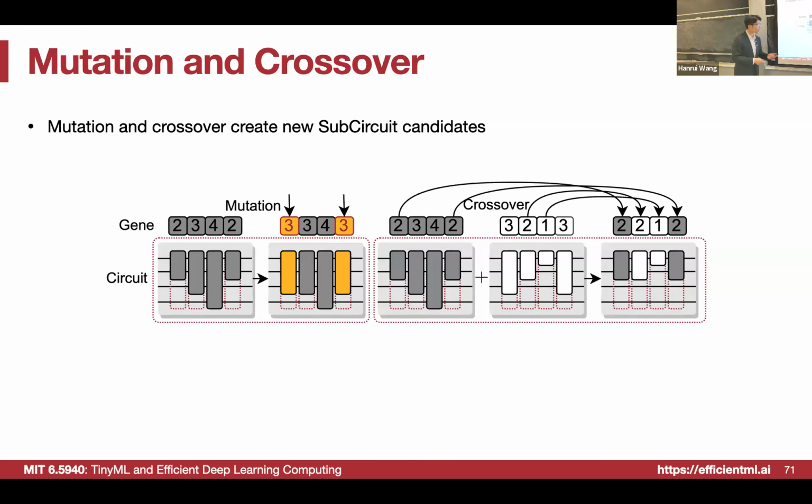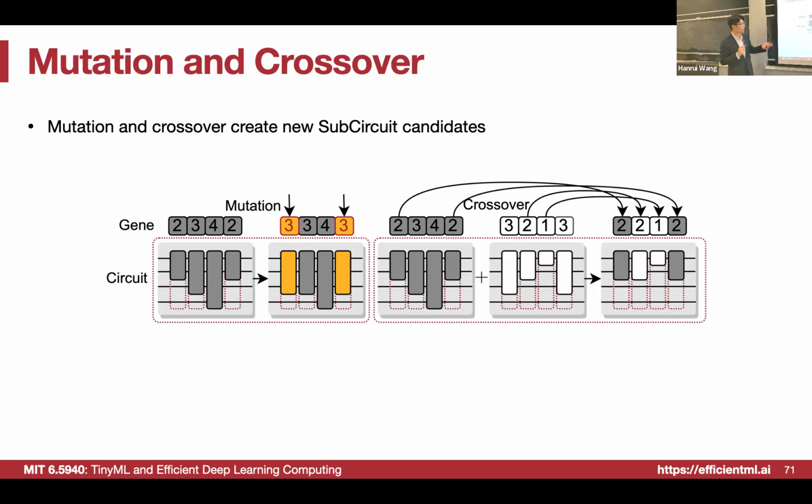The performance will be evaluated on the actual device, and then we use that to update the population inside the search engine. Not sure if you're familiar with evolutionary search, but the basic idea is that we have the gene here to represent the current status of the candidates. Say we have different numbers of layers; we can use numbers to represent the structure. The first way to explore the space is mutation, which means we change some of the elements in the gene.